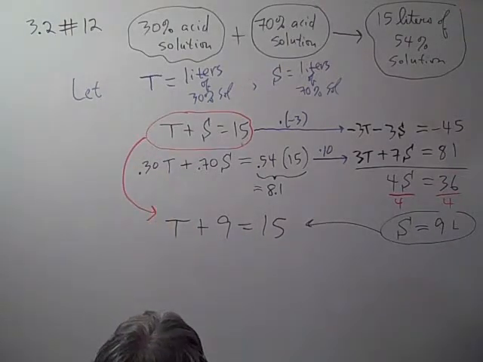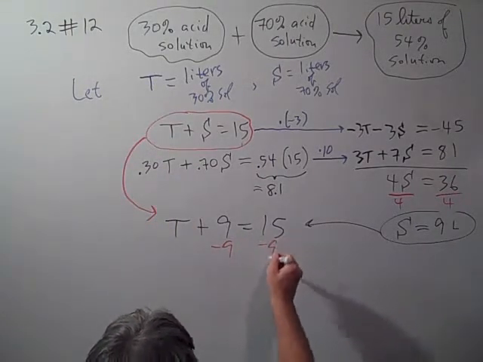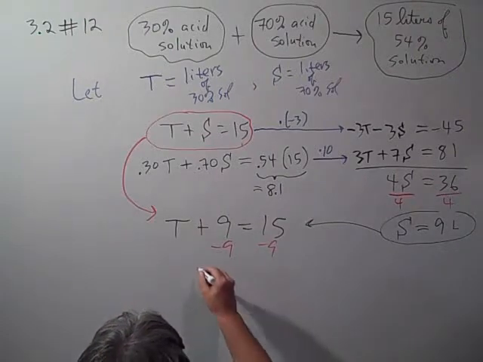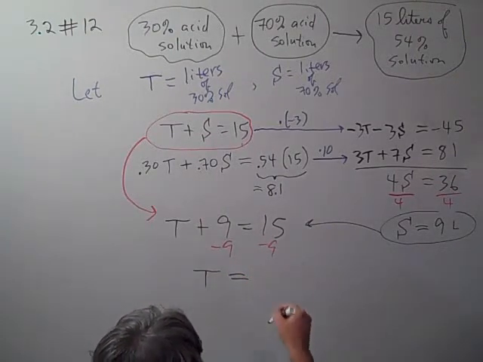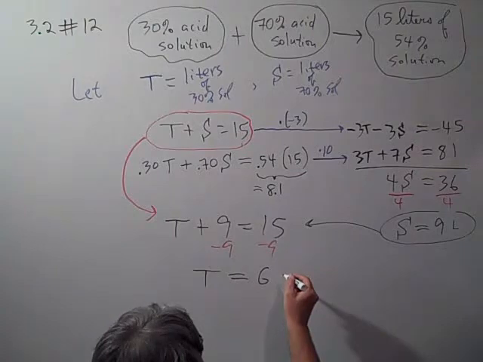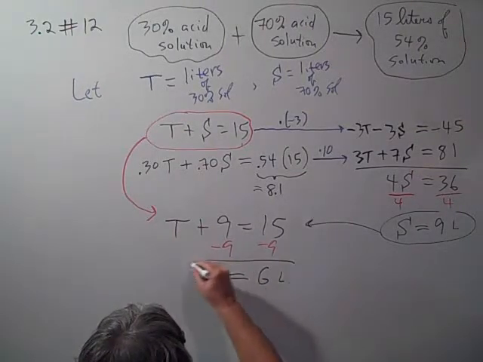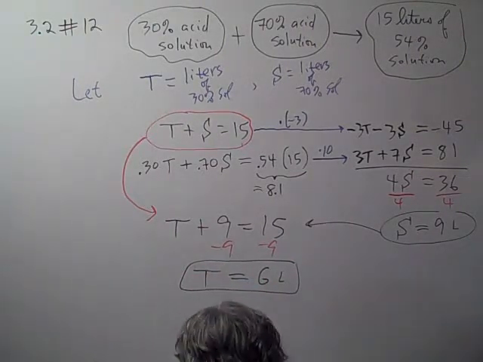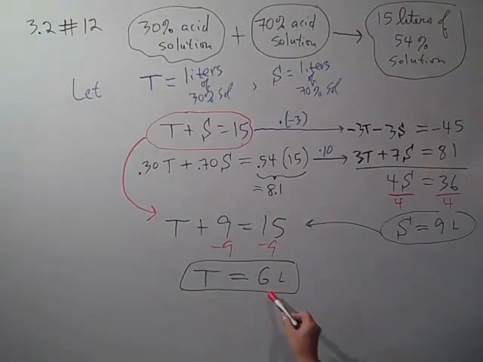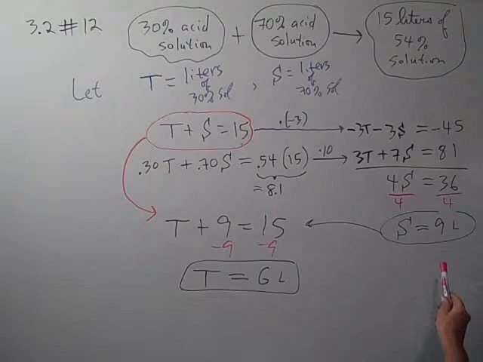So taking away 9 from both sides gives us T equaling 15 minus 9, which is 6. 6 liters. So the solution to this problem is that we need 6 liters of the 30% acid solution and 9 liters of the 70% acid solution.